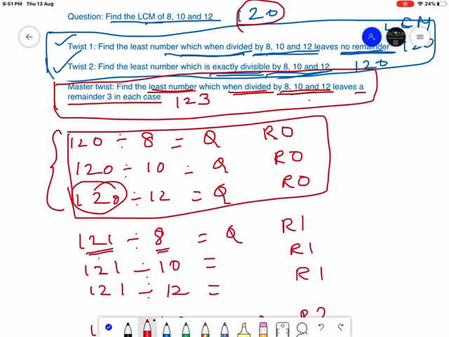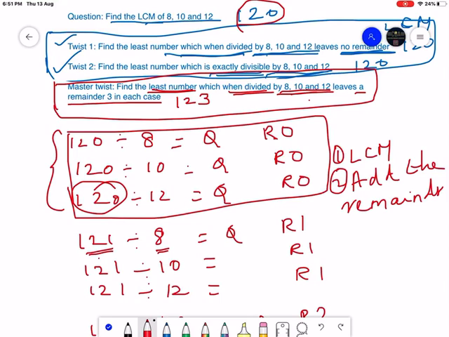Okay, so if these words come, you will have to find the LCM of the numbers, and then you have to add the remainder to the LCM. Correct? So this will be step 1 and this will be step 2. Okay, so you find the LCM is 120, then add 3 to it because 3 is the remainder you are expecting, so 123 becomes the answer.